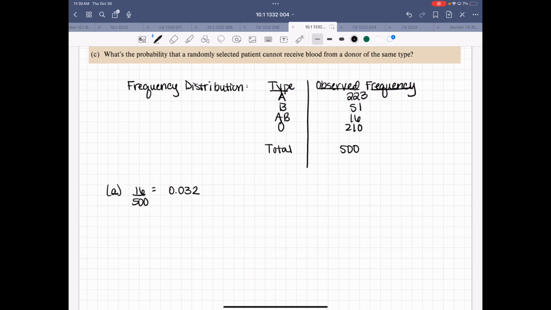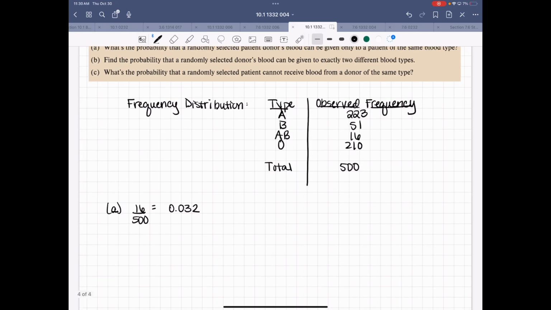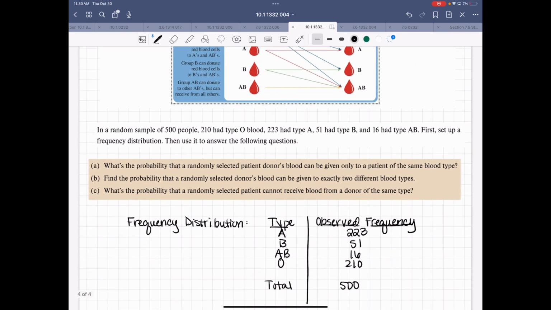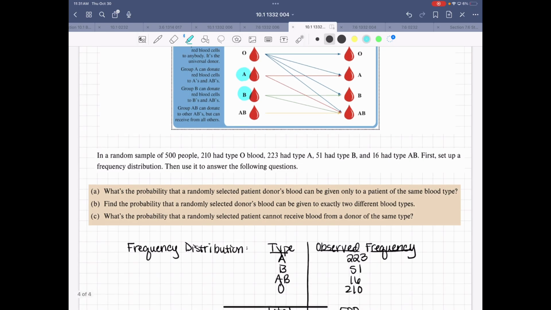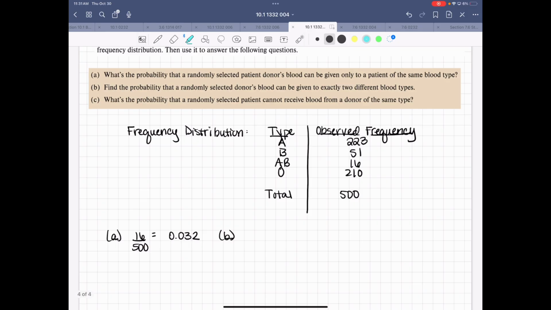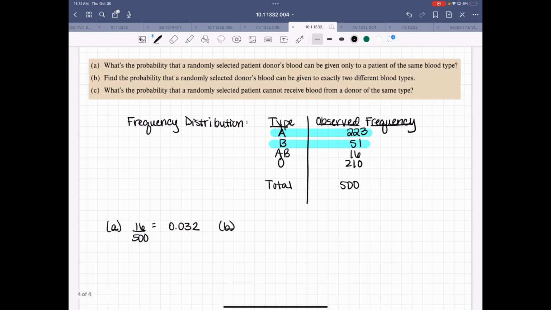Okay? B says, find the probability that a randomly selected donor's blood can be given to exactly 2 different blood types. Who all can give to 2? A and B can give to exactly 2. So here's A, here's B. I'm going to say 223 plus the 51 over the 500.